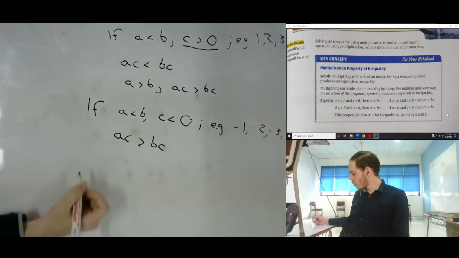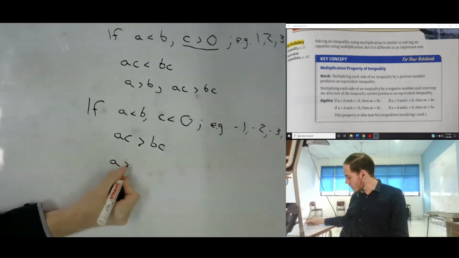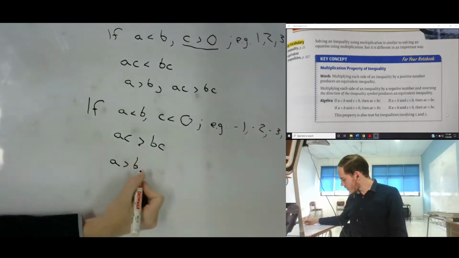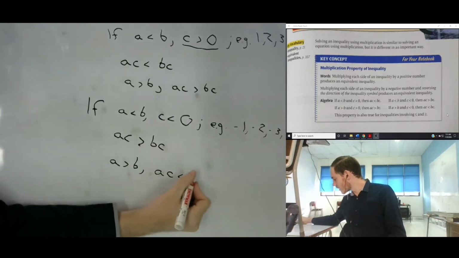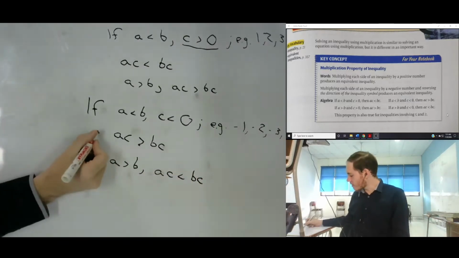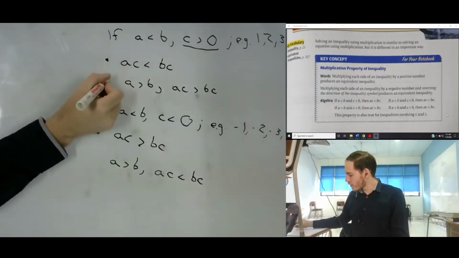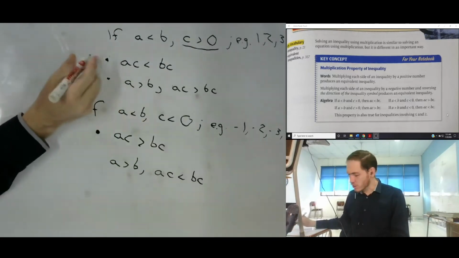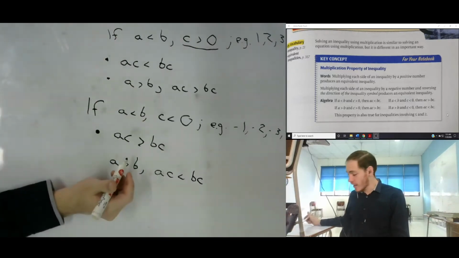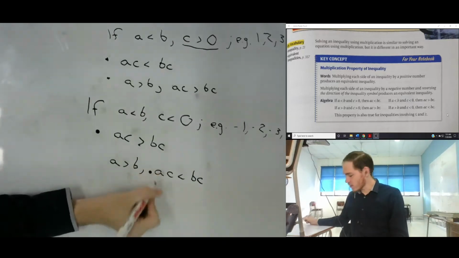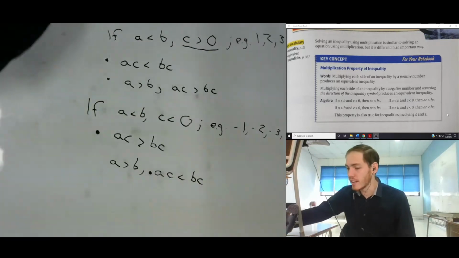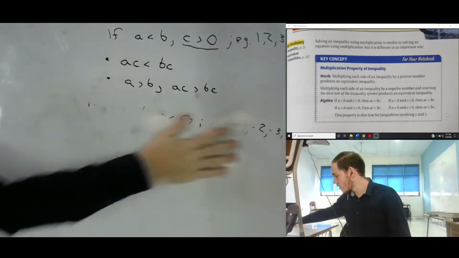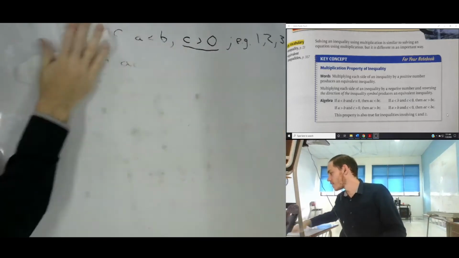Now, what about if A is greater than B? Then AC is going to be less than BC. So this is the pattern you need to know. If we have positives, here's what happens. If we have negatives, here's what happens. If you're multiplying by a negative, it flips the inequality sign.